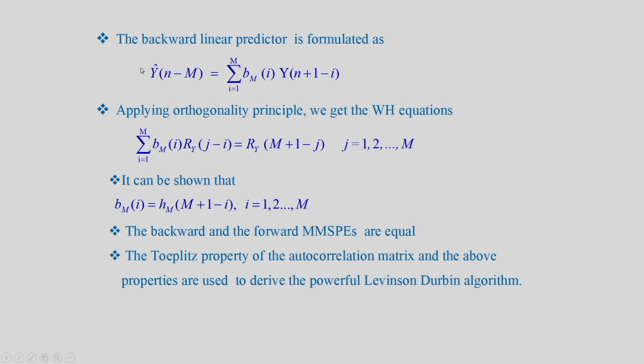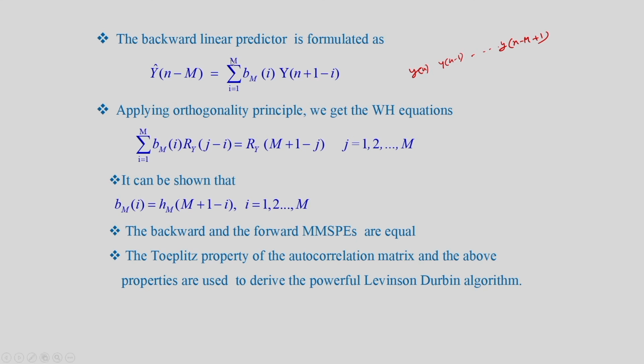Similarly, we also discussed the backward prediction problem. Here, given y[n minus 1] up to y[n minus m plus 1], we predict y hat n minus m. So y hat n minus m is summation b m i, this is the backward prediction coefficient, into y[n plus 1 minus i], i going from 1 to m.